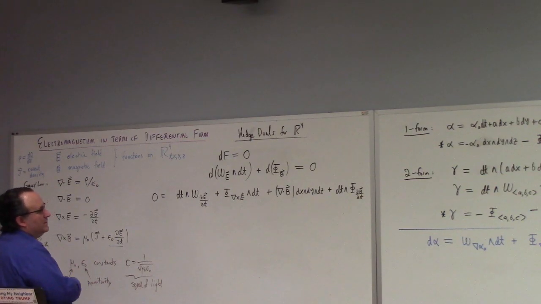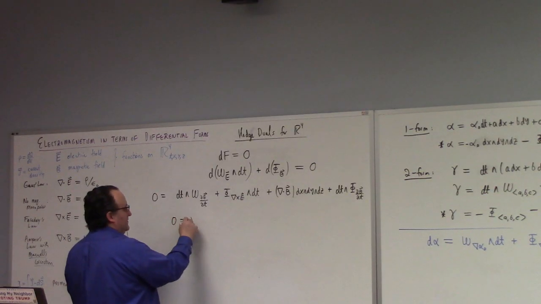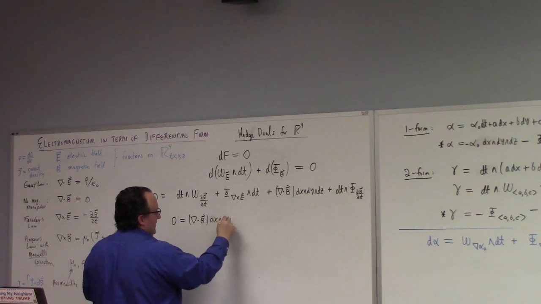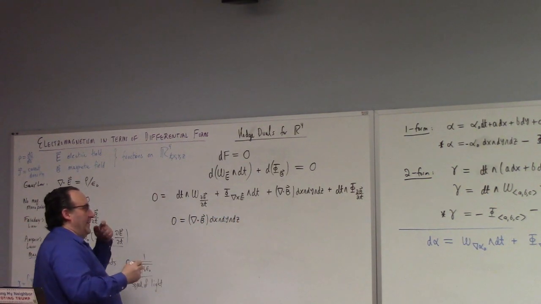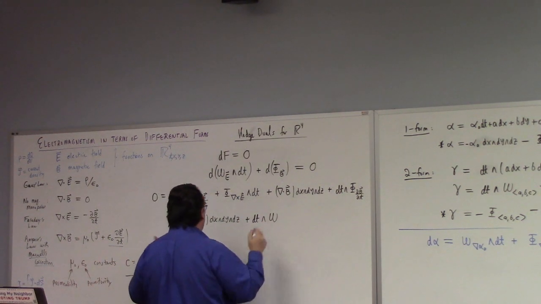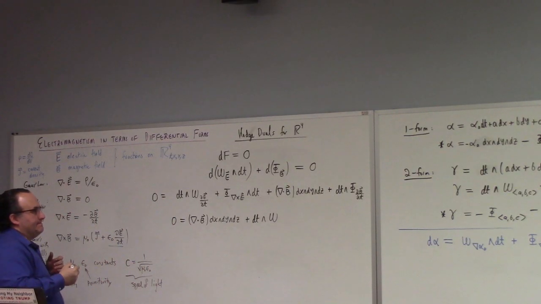So I've got 0 is equal to the divergence of the magnetic field times dx wedge dy wedge dz. And then I've got plus like dt wedge a work form, right? Oh, that can't be right.